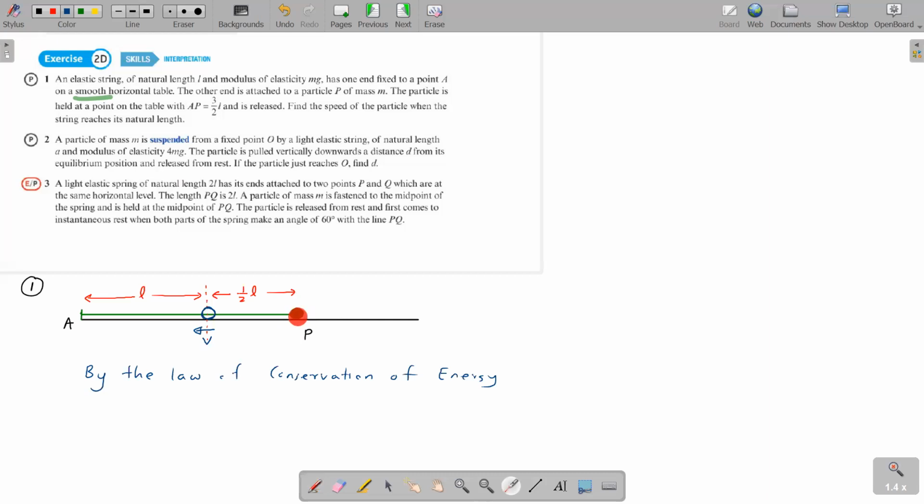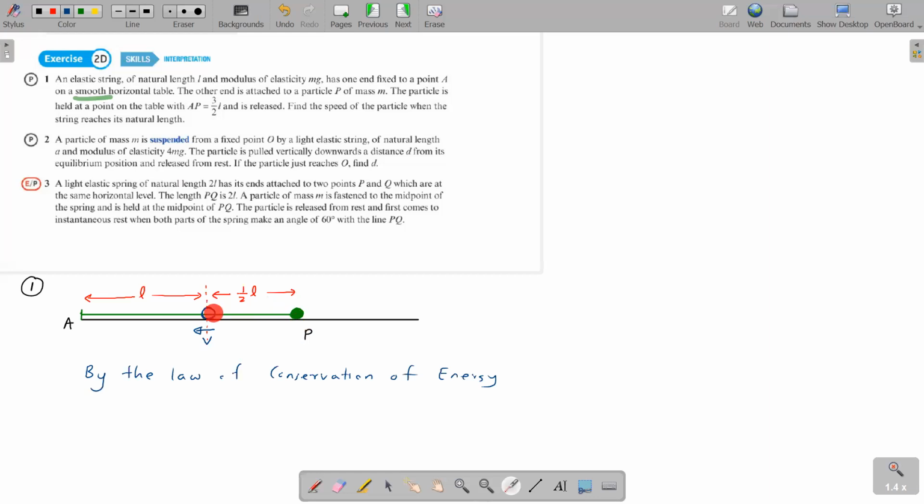If you are releasing it from rest, what energy do you have at point P? Do you have kinetic energy? No, you're releasing it from rest, zero velocity. Here you don't have gravitational potential energy because we don't have a height difference. But what energy do we have when you stretch an elastic string? You have the elastic potential energy at this point.